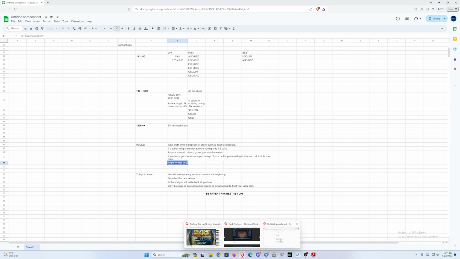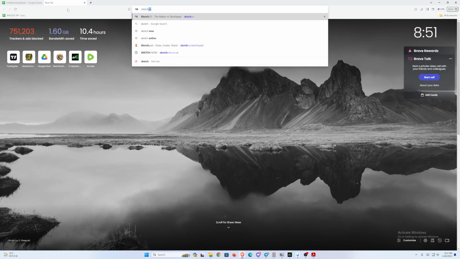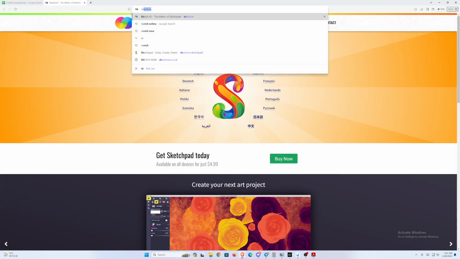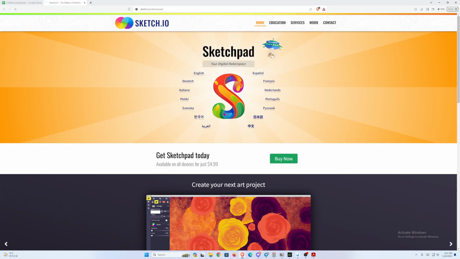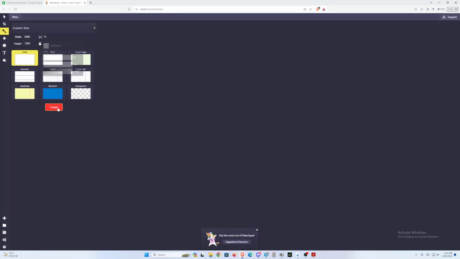So let me see if I can find a sketch for it so you can understand a little bit better. Let's get to this one. Sketchpad. Okay. So for example, there's a chart pattern. So price is inside it and trading inside it.